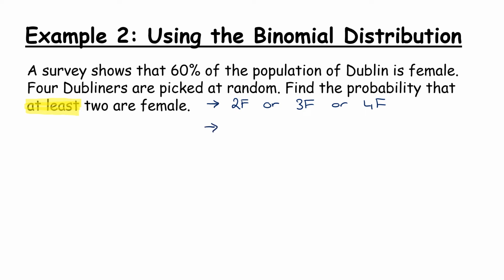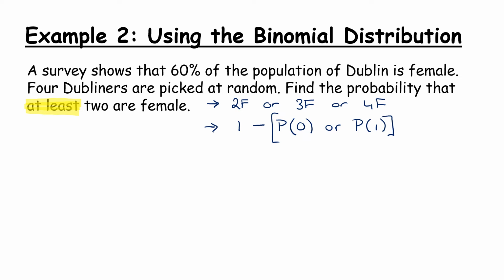We could have 1 minus the probability of picking not at least 2 females, the opposite of at least 2, which means no female, or picking 1 female. Either of those ways will give us the right answer. We could work 3 probabilities and add them together, or we could work 2 probabilities, add them together, and take that away from 1.